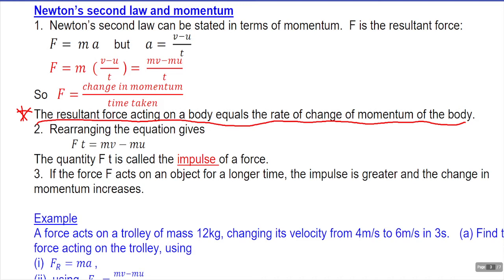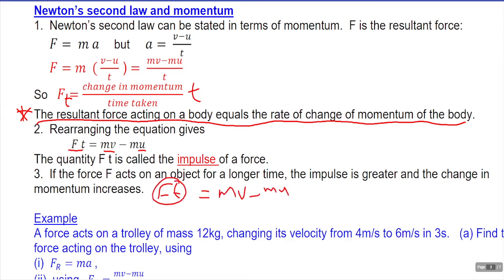Now, multiplying by t both sides of the equation would give you Ft is equal to mv minus mu, and the quantity Ft is called the impulse of the force. If the force acts on an object for a longer time, the impulse is greater and the change in momentum increases. So what we are saying here is Ft is equal to mv minus mu.